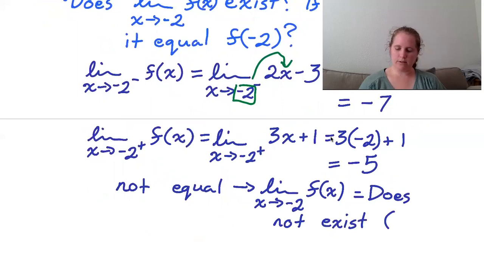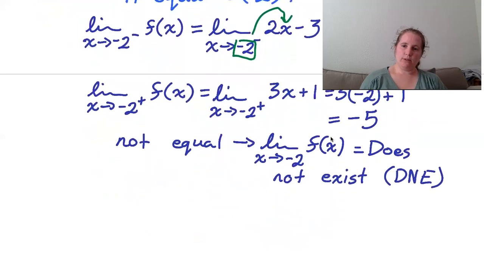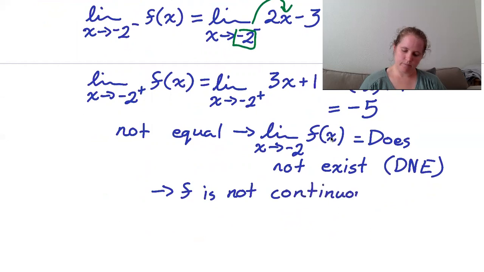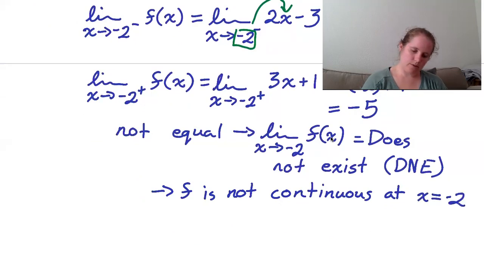You will often see this written as DNE instead. And so we know it's not continuous at -2. So just we'll highlight that. It's not continuous at x equals -2.